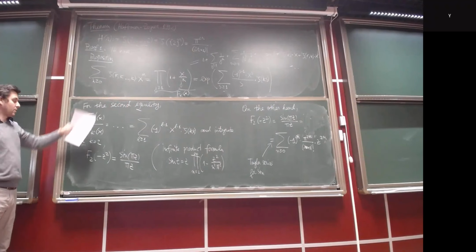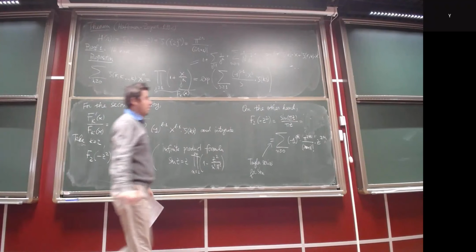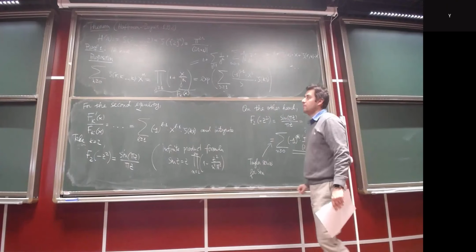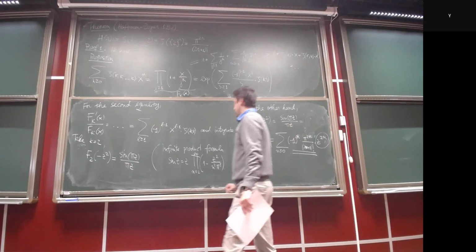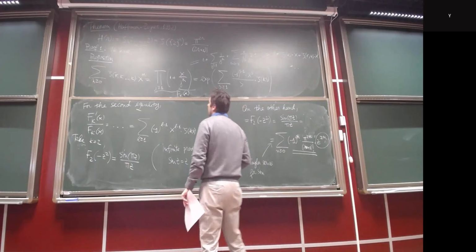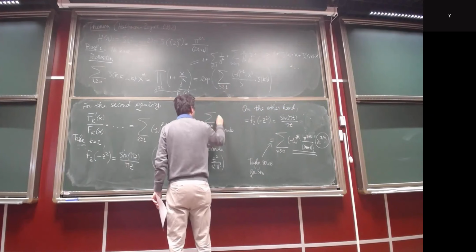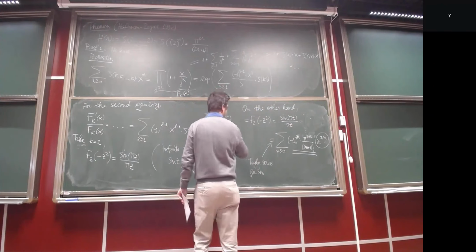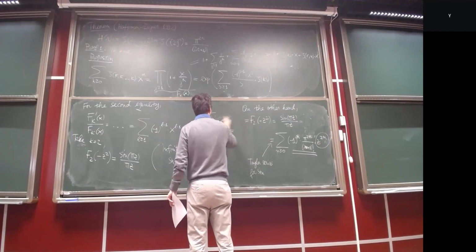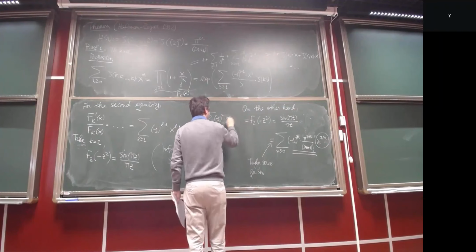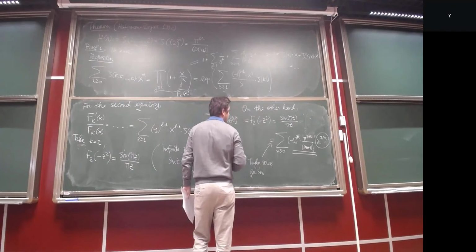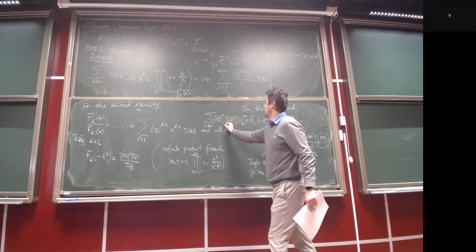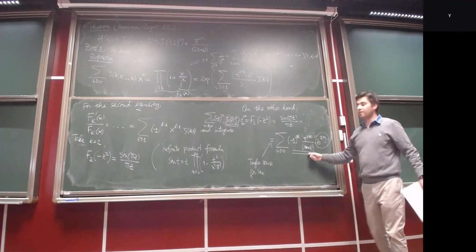As you can see, I have the two functions. The coefficients should be equal. So this would be the sum of negative 1 to the n, z to the 2n. So we identify the coefficients, and there you go.